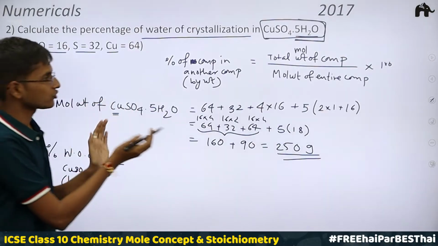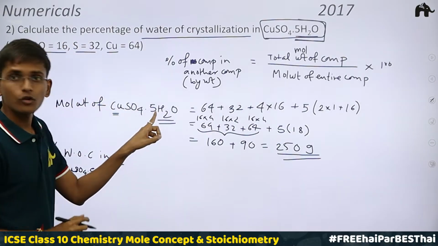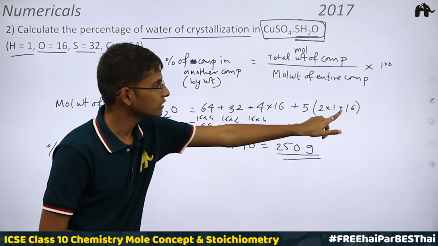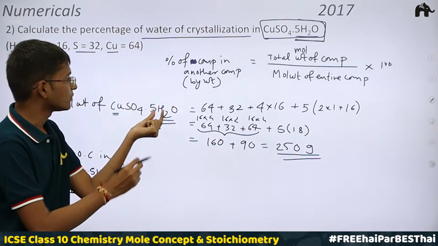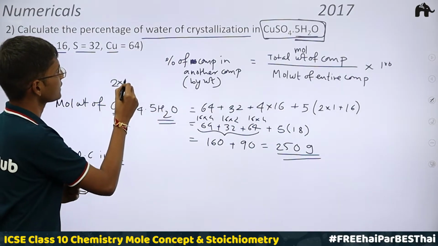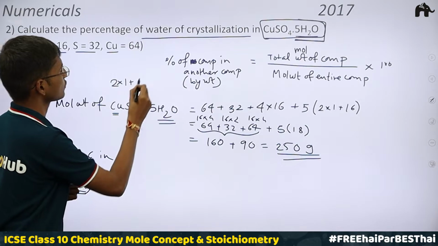Total, so there are 5 water molecules. 1 water molecule's molecular weight is 18, 2 into 1 plus 16. H2O: 2 hydrogen atoms into 1, then oxygen is 16.